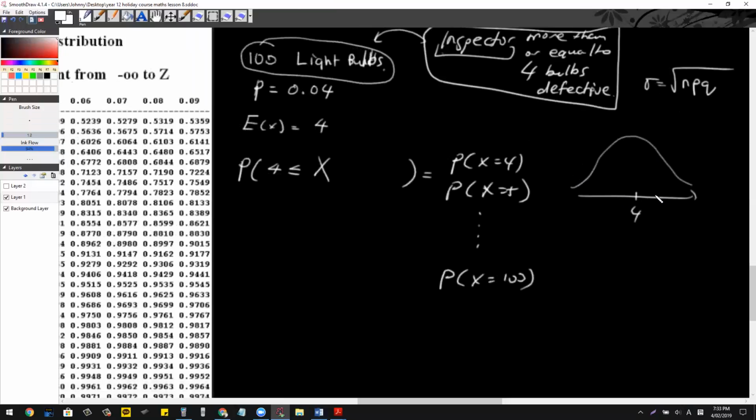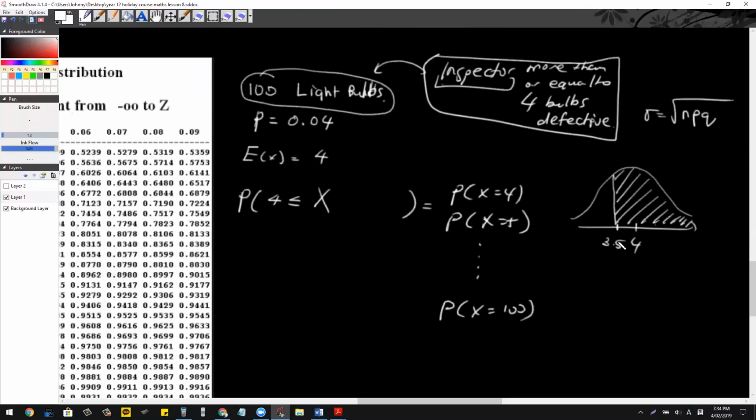And we need to go for, so this is a 4 or more, right? So we need to go for 3.5. We need to find this area here. Okay? This area, 3.5, sure? Because we're looking for this one here.